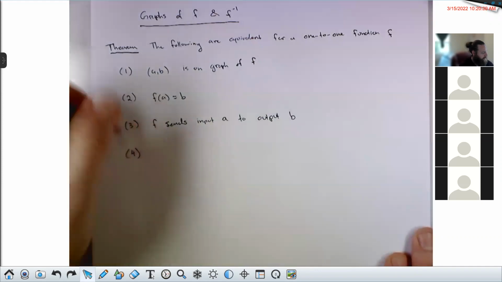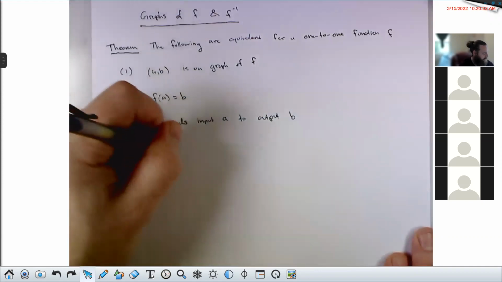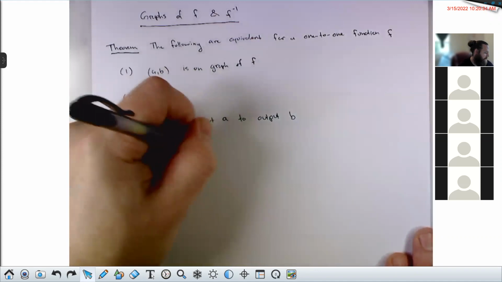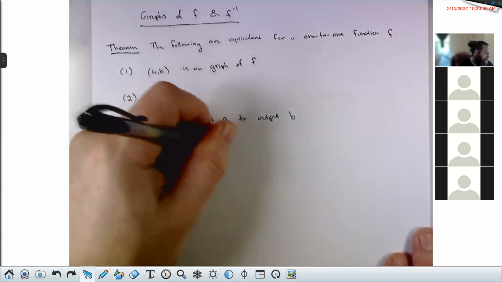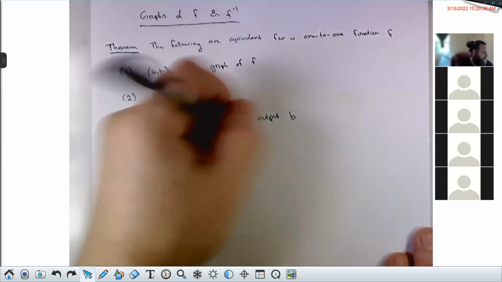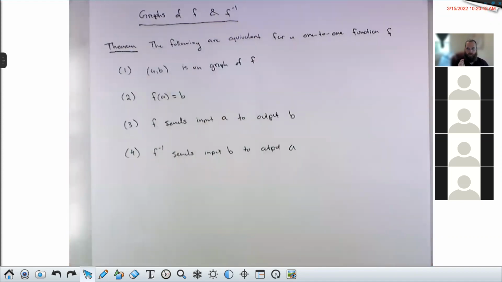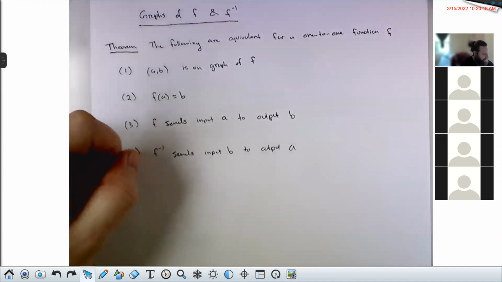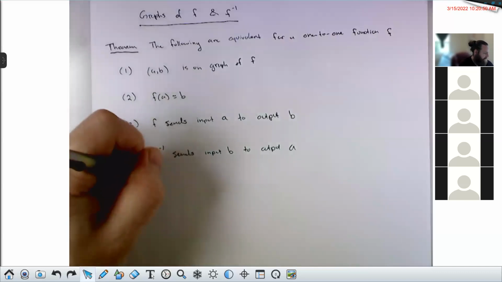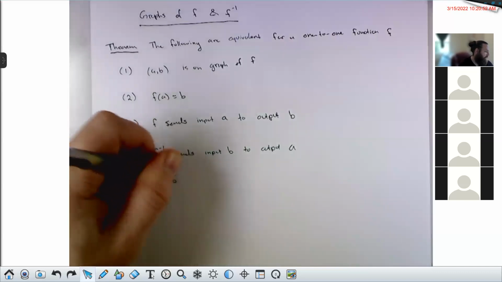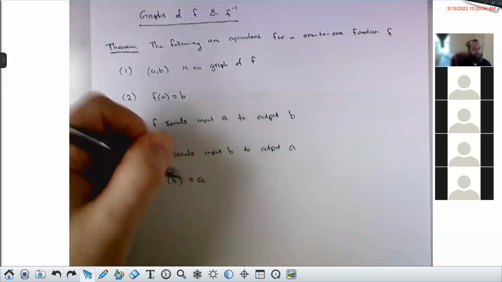And that would mean that f inverse sends its input b to its output a, right? f inverse undoes whatever f does. But that means that f inverse of b is equal to a.